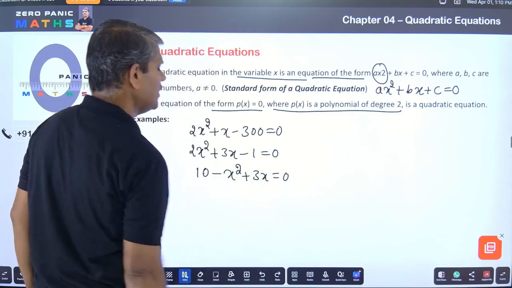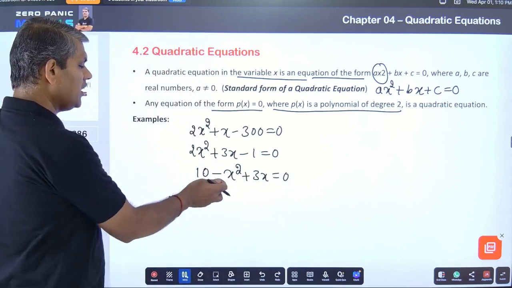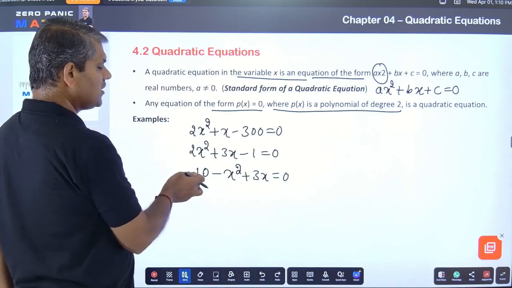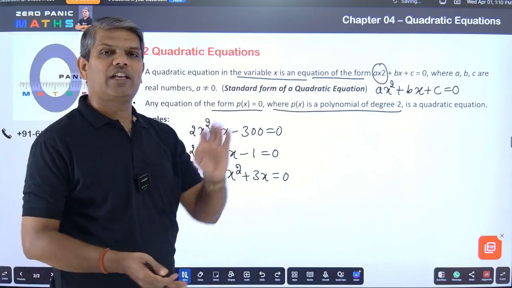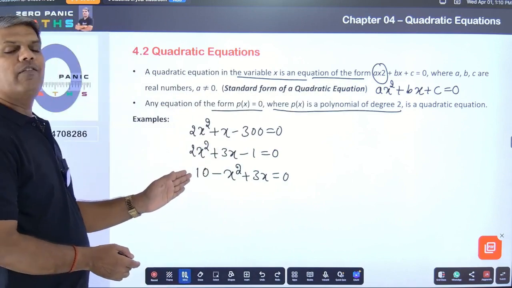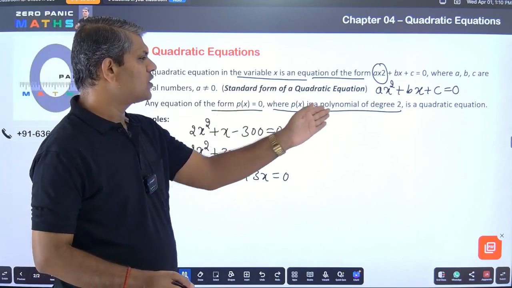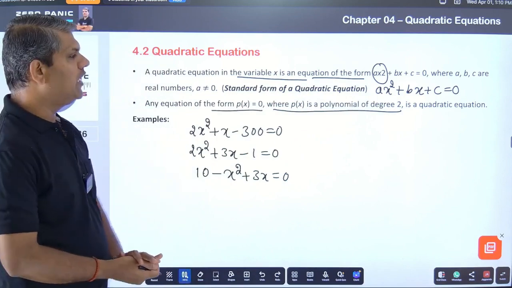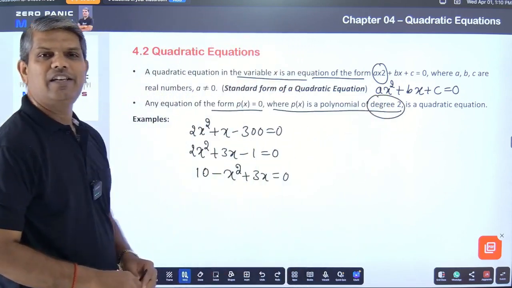So this is also a quadratic equation, and it is in the standard form ax square plus bx plus c. So any polynomial p of x equal to 0 is called a quadratic equation when it is of degree 2. This is what you need to remember.